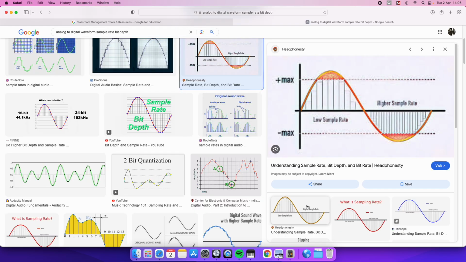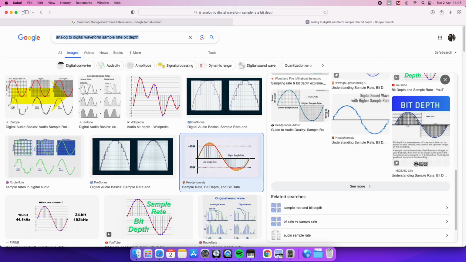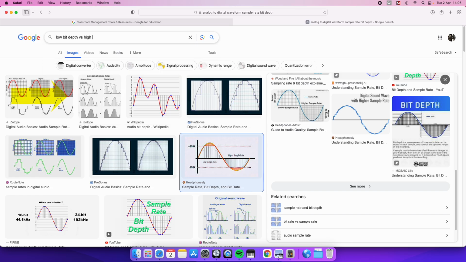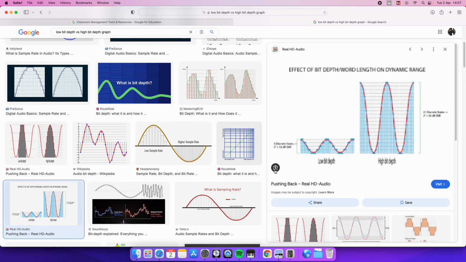See if I can find one of bit depth. Low bit depth versus high bit depth on a graph, maybe. Yeah, there you go.